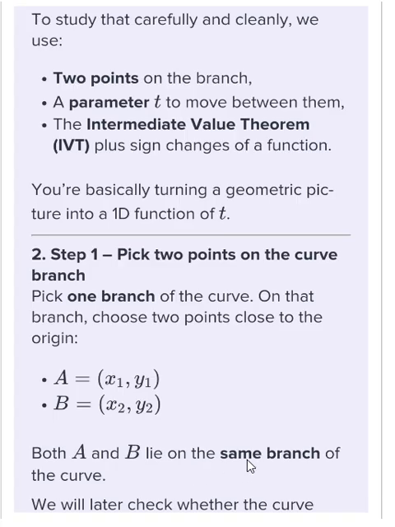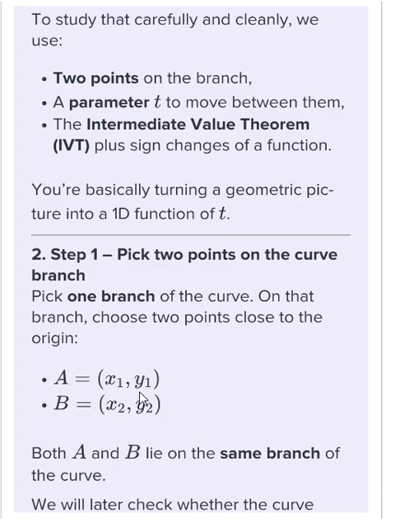If A and B are on the same side, they are either both positive or both negative, because they are on the same branch.